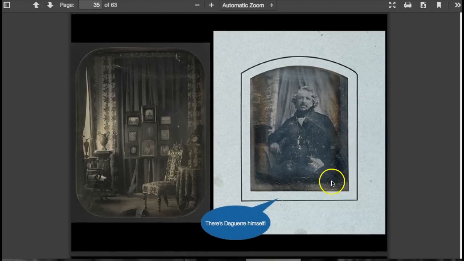This is Daguerre himself. Imagine, for the very first time, you could capture your likeness and it could stand the test of time, and your grandchildren or great-grandchildren could see what you looked like. You could send these to people.